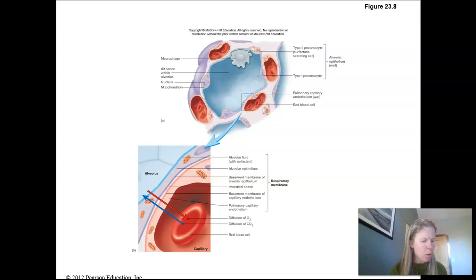This makes for a really short distance for diffusion. It ends up being something like 0.5 micrometers, to put that into perspective, that's like 5/1000ths of a millimeter. This is a tiny distance, and so that's going to be really important for gas exchange.